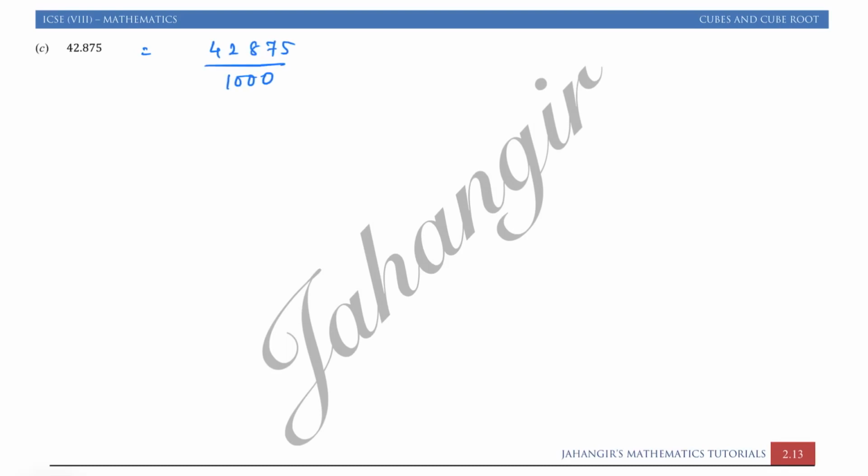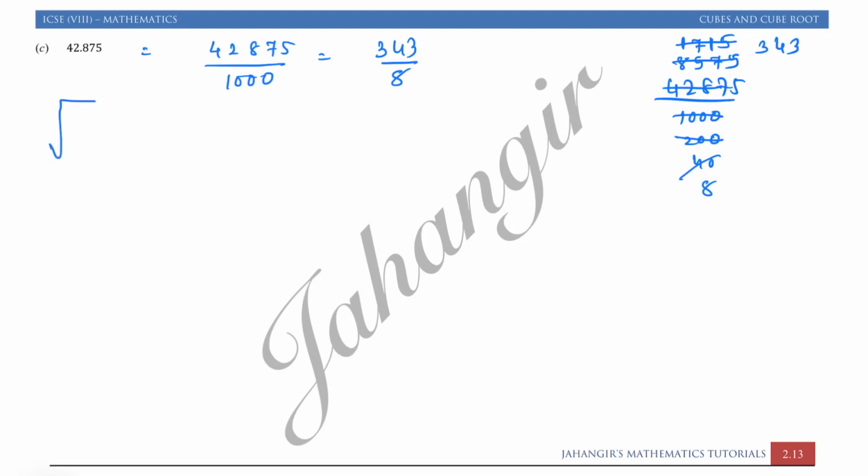Now let's cancel out. First cancel with 5: 42875 and 1000, cancelling by 5 repeatedly. Then what remains is 343 upon 8. So the simplest form is 343 upon 8.